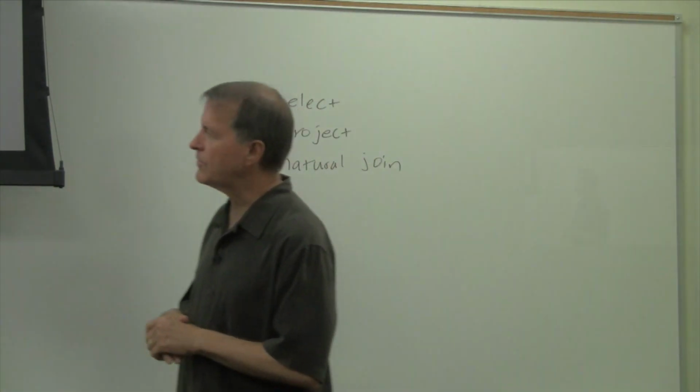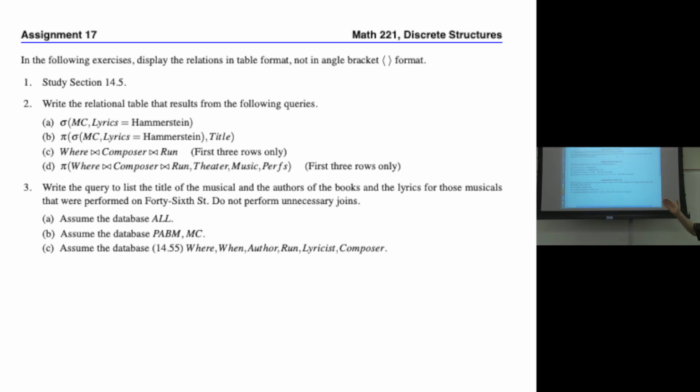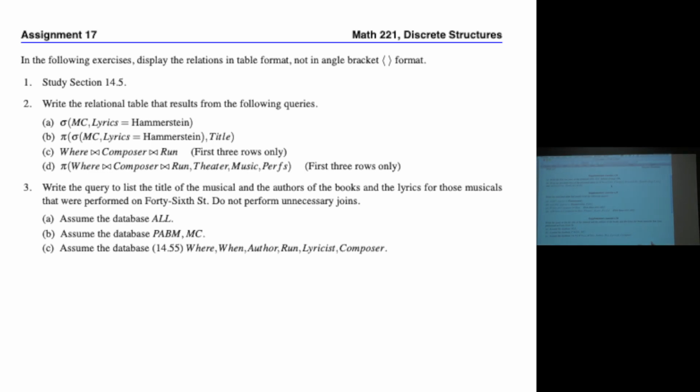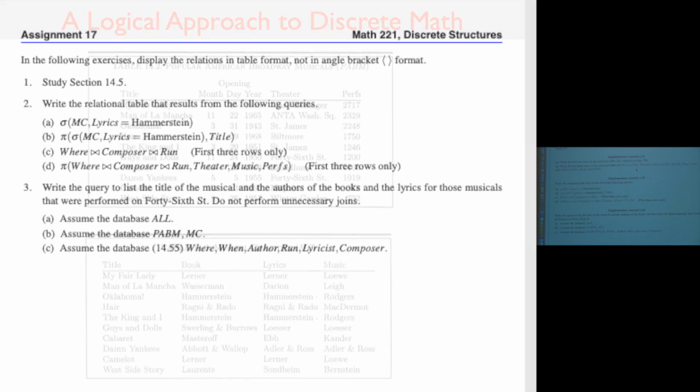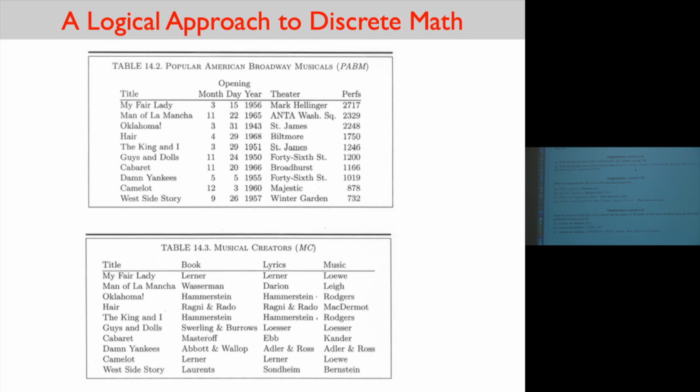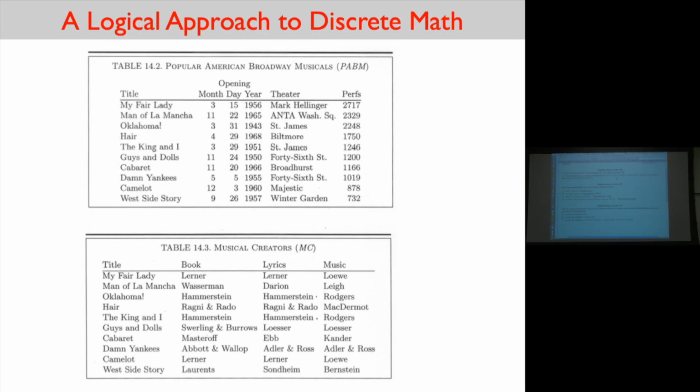Okay, so what would happen if we did select MC, lyrics equals Hammerstein? So now what was MC? You would go back to the MC table, and it would return rows. So here's the MC table.